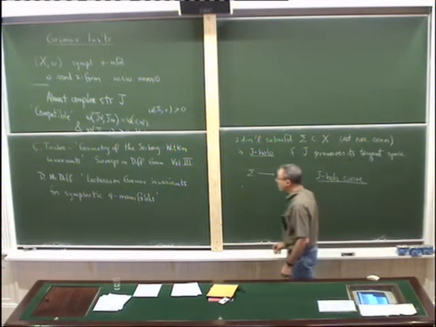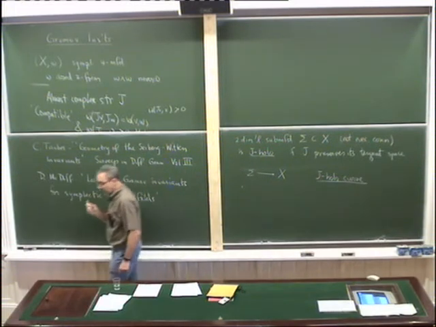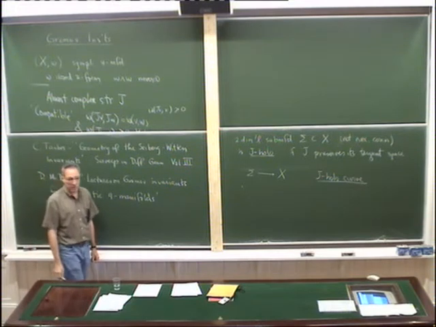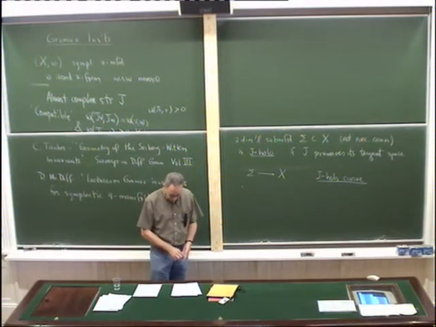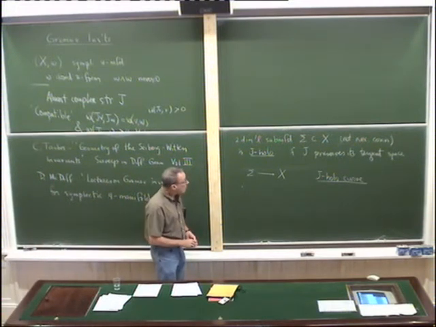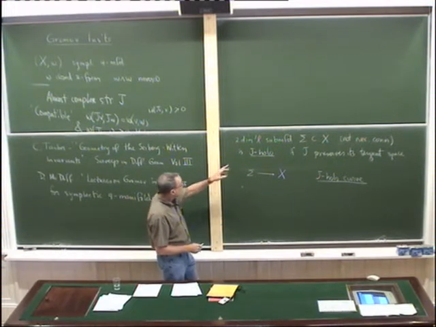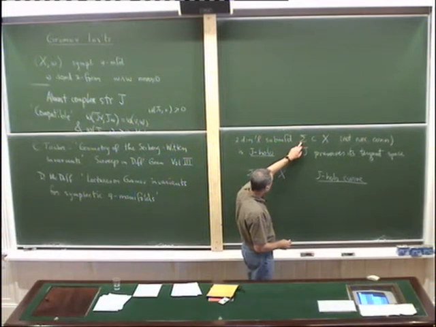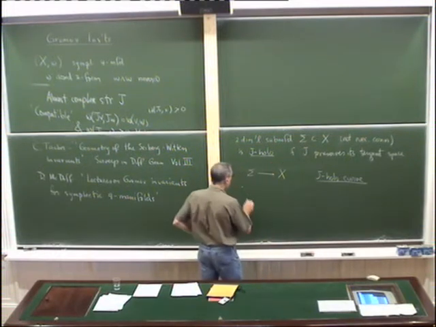The point of Gromov invariant is to count pseudo-holomorphic, J-holomorphic curves in X. Notice that since omega restricts to a symplectic form on sigma, sigma has to be oriented.